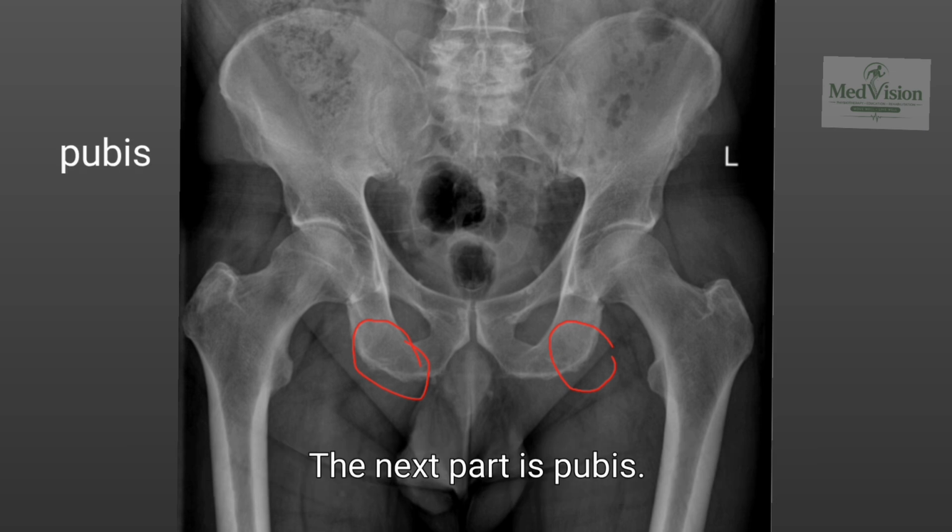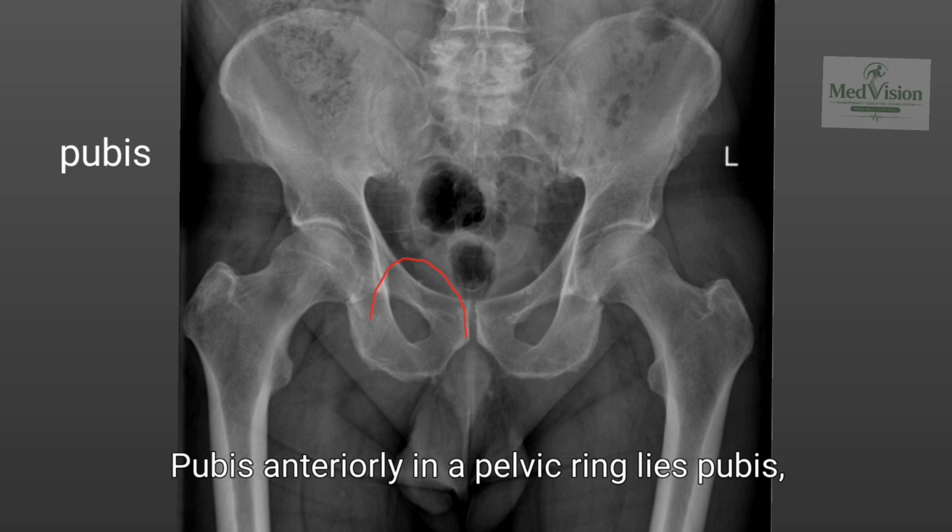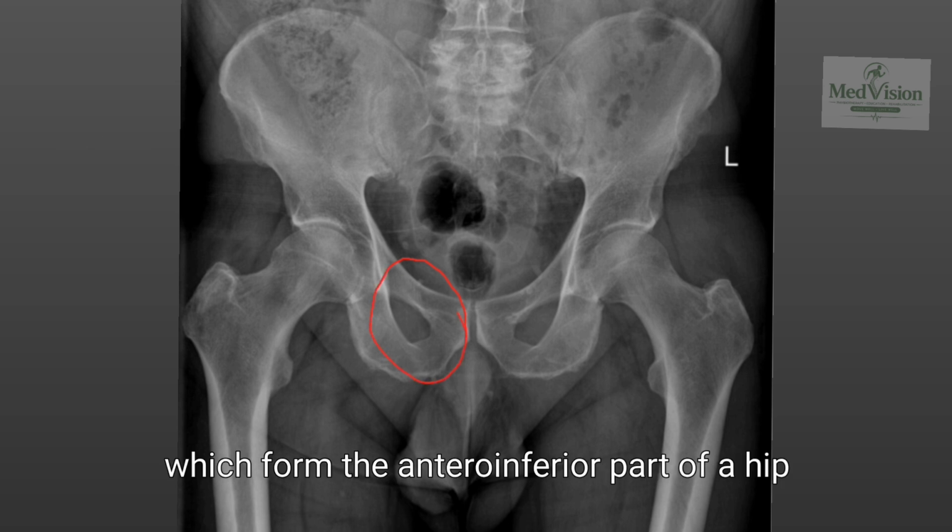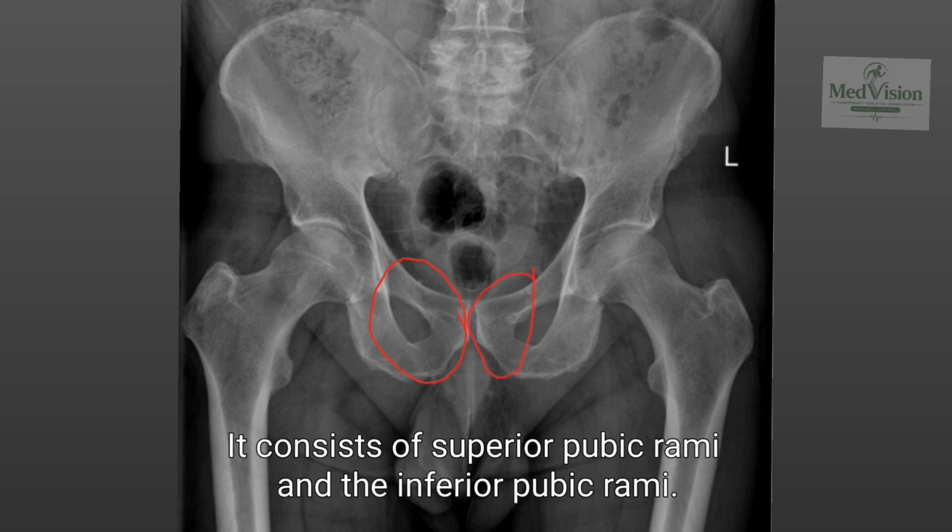The next part is the pubis. Anteriorly in the pelvic ring lies the pubis, which forms the anterior-inferior part of the hip bone. It consists of the superior pubic rami and the inferior pubic rami.